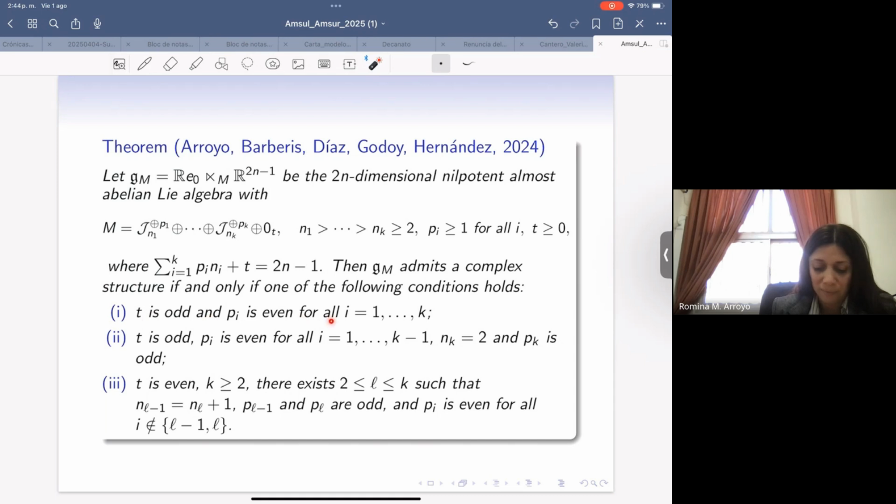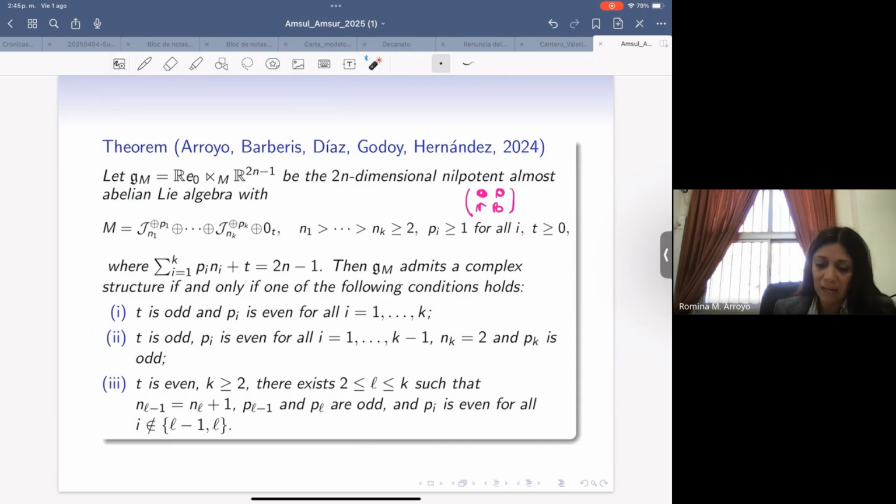So the first case is in correspondence with the case when B is in the image of capital B, where the matrix is 0, 0, B. This other one is in correspondence with the case in which J2 appears, and this is the other case.